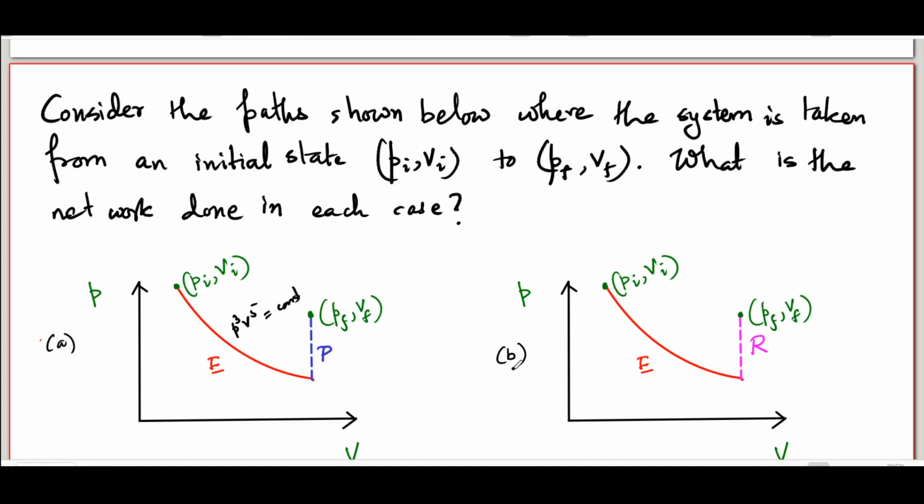The process shown in B, this graph, is very similar. Starting from PI-VI, you expand the gas until it reaches the volume Vf as before, and then instead of turning the propeller, you actually switch the current on in the resistance, and in this dashed line marked R, the pressure is going to rise according to the rate that we have already talked about before.